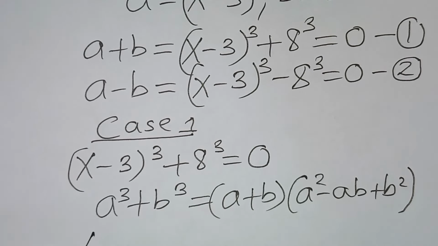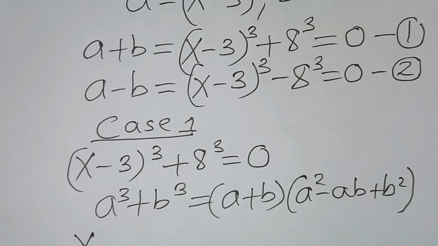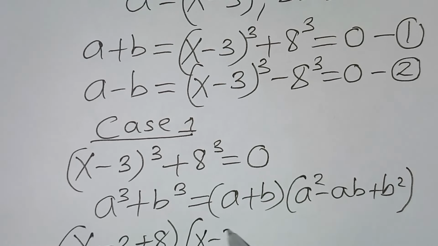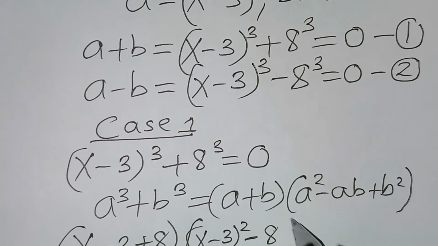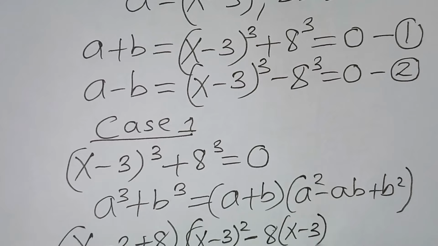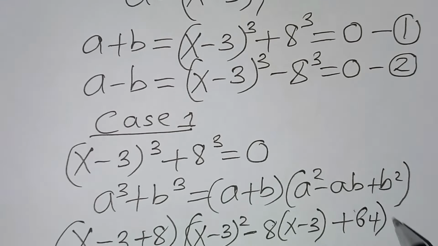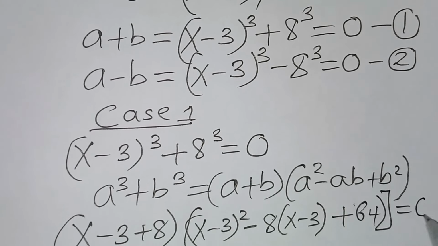Here we'll have (x − 3 + 8), and then (x − 3)² − 8(x − 3) + 8², which is 64. Close the bracket here. So this is equal to 0.